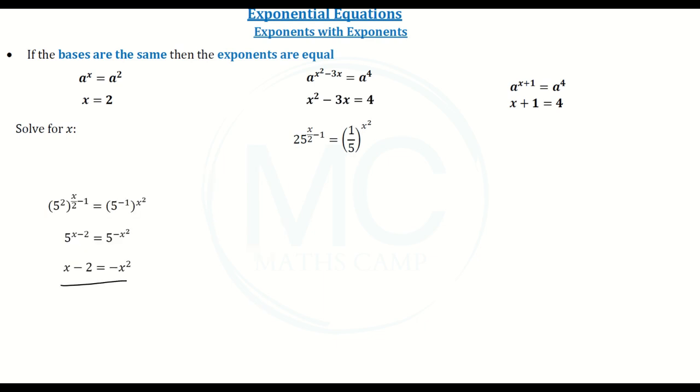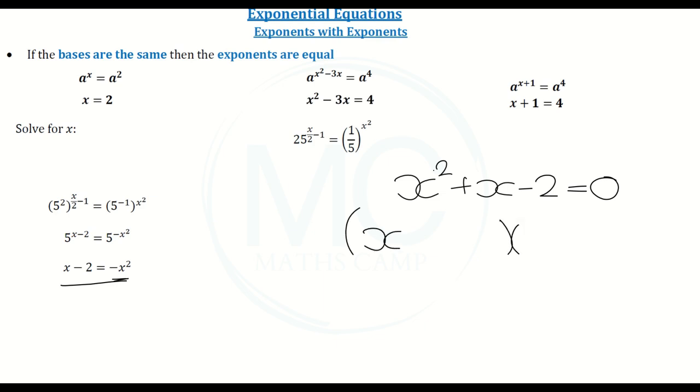Now we have a quadratic. Let's make our squared term positive by moving it to the left-hand side of the equation. I'm going to write it over here. So we're going to say x squared plus x minus 2 is equal to 0. And now I can factorize this expression. So we can say, open our bracket with an x and an x over here. 2 only has 2 factors, 2 and 1. 2 is negative, but we have a positive x.